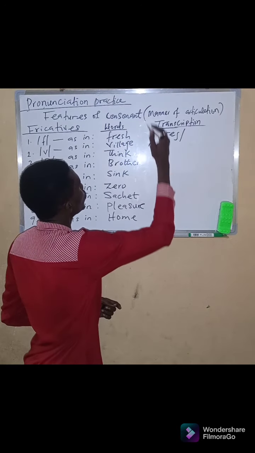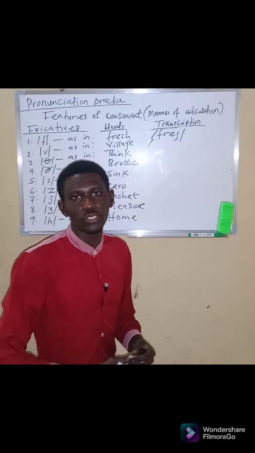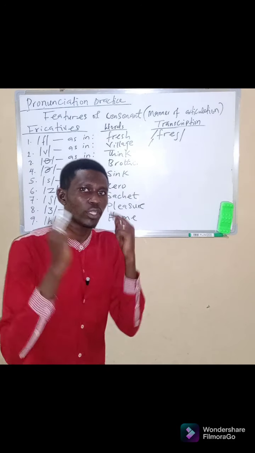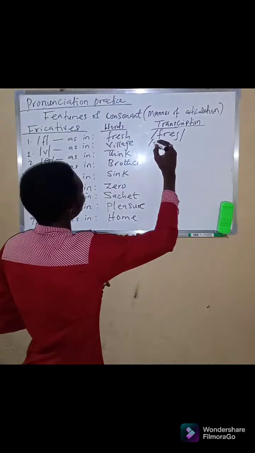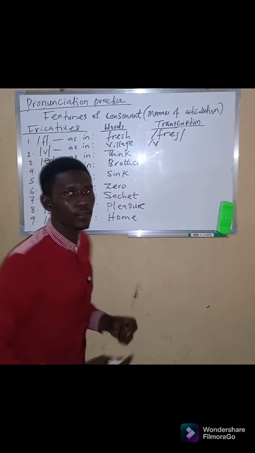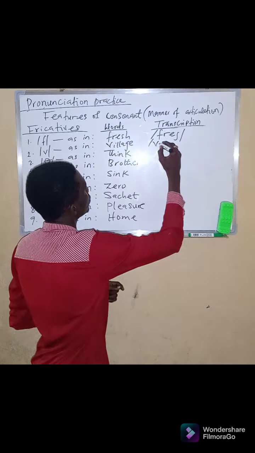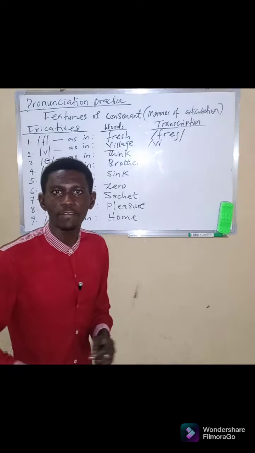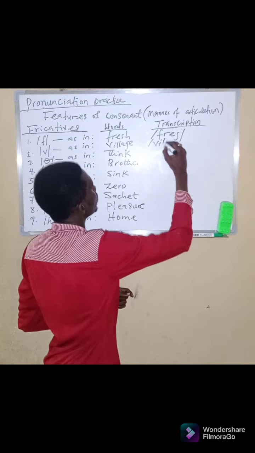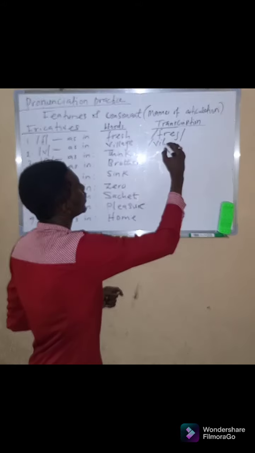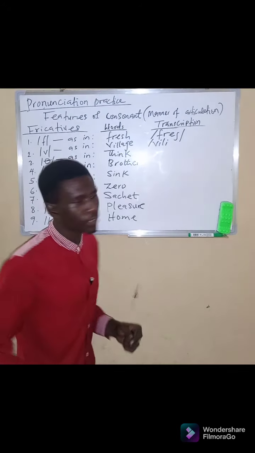The second word, so we do the same. Village. The first sound we observe over here is the v sound. Then the short vowel e. Then l. Short vowel e.